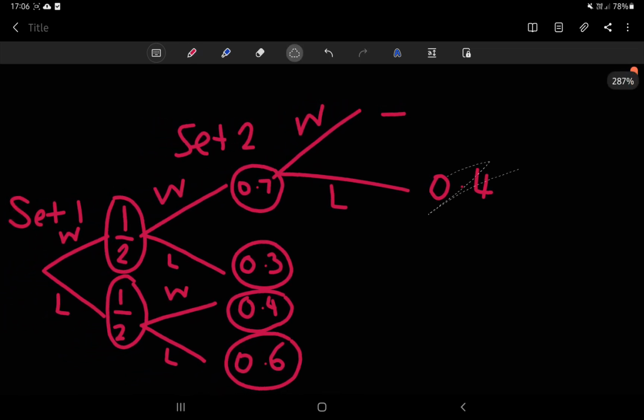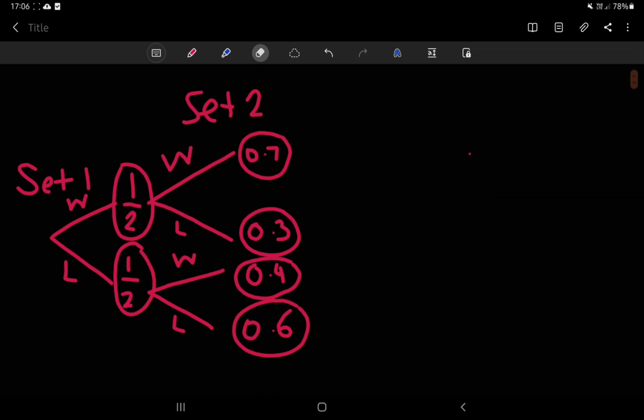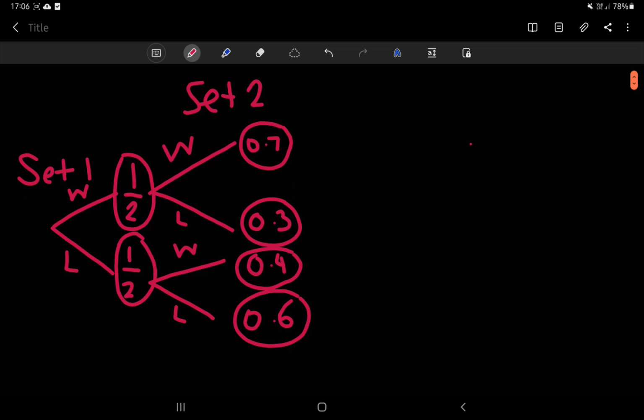Sorry, I'm confused. We don't have to consider this because she already won the first and second set. So you need to consider this and that, win or lose. So this is nil.